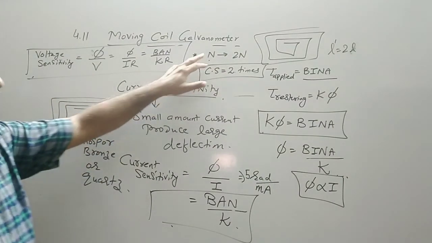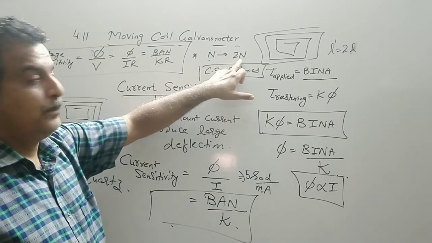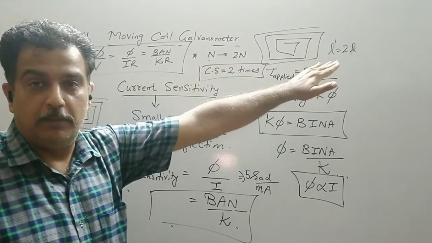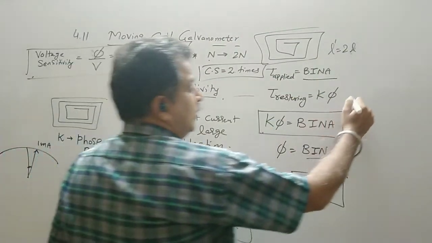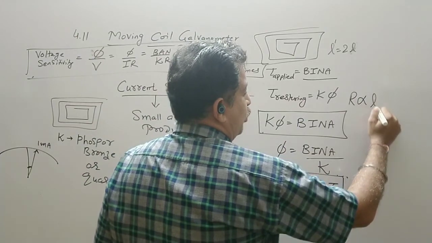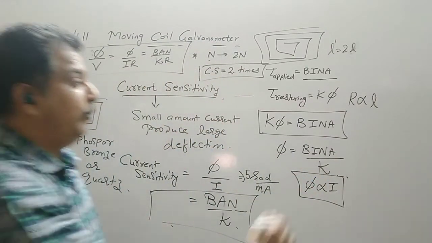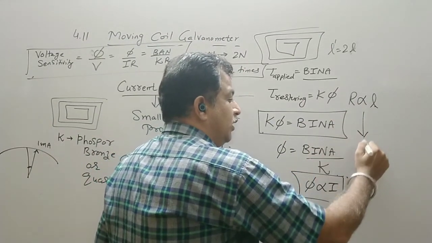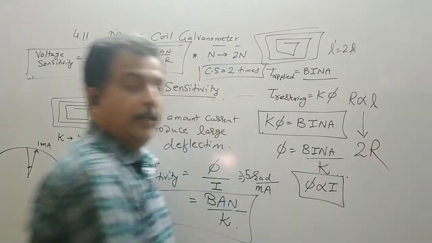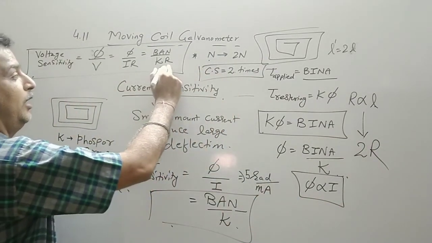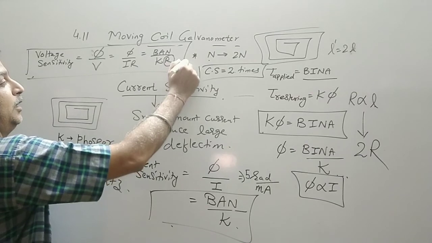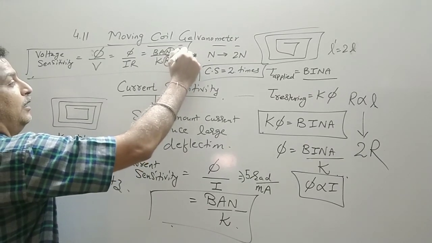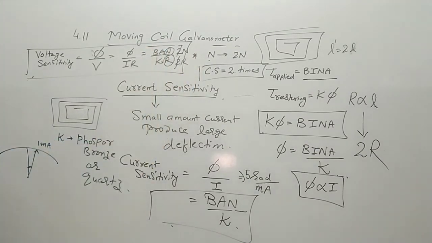So if I increase the number of turns, the length will also become double, and we know that resistance is directly proportional to length. So if the length is doubled, the resistance is also doubled. This R is doubled, this N is doubled, the 2 gets cancelled, so voltage sensitivity remains constant.